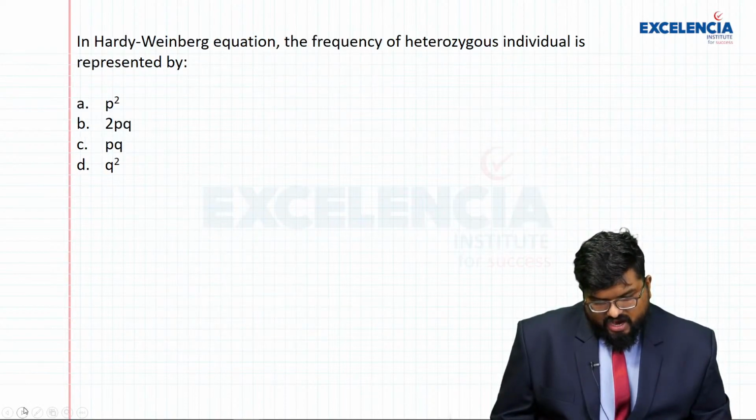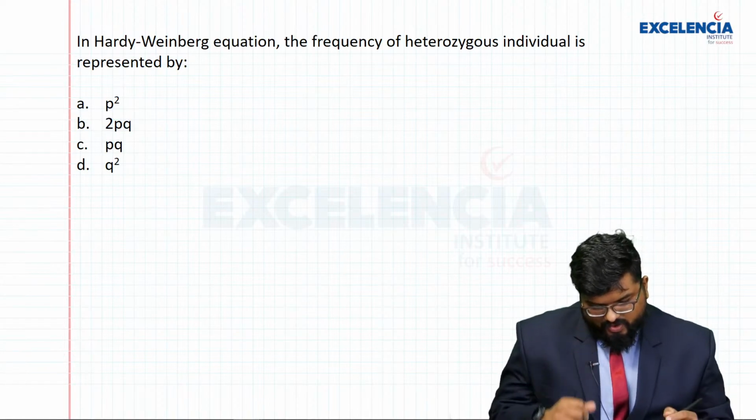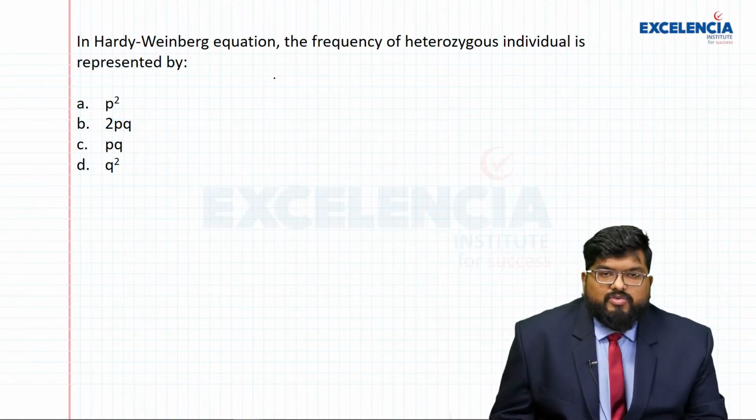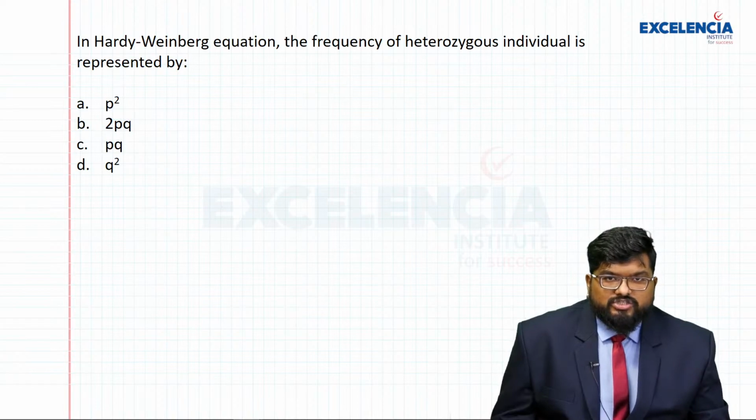Next, in Hardy-Weinberg equation, the frequency of heterozygous individual is represented by, okay, so Hardy-Weinberg equation basically gives us the ideal condition of evolution not happening.